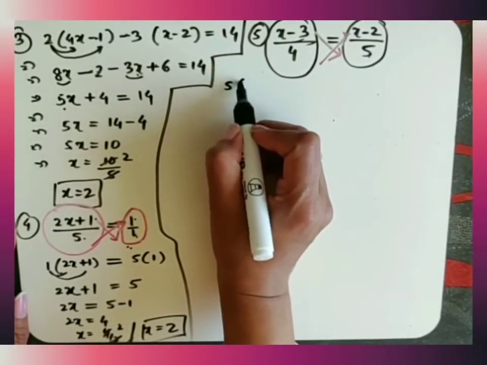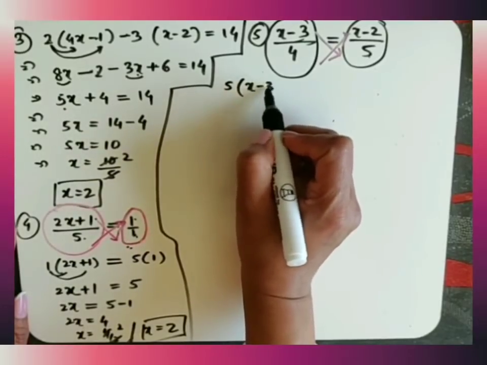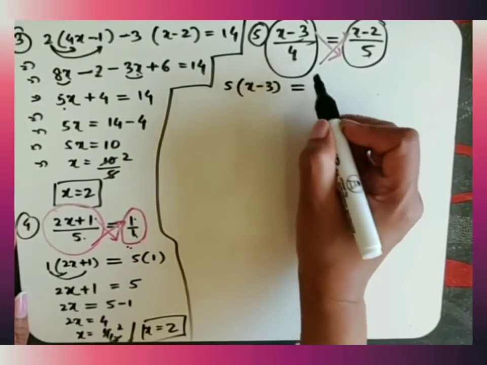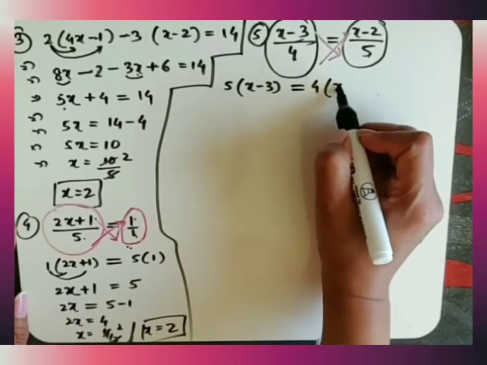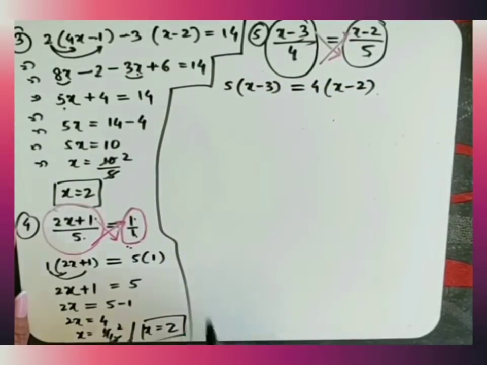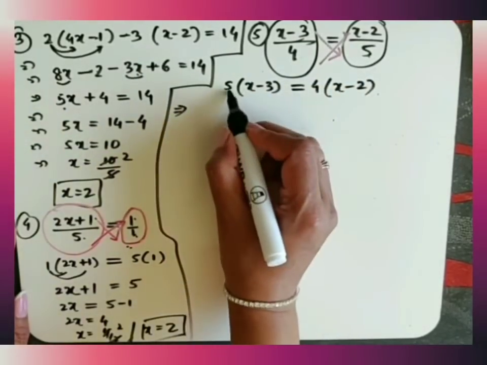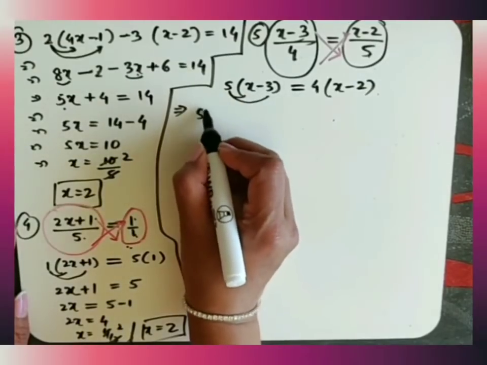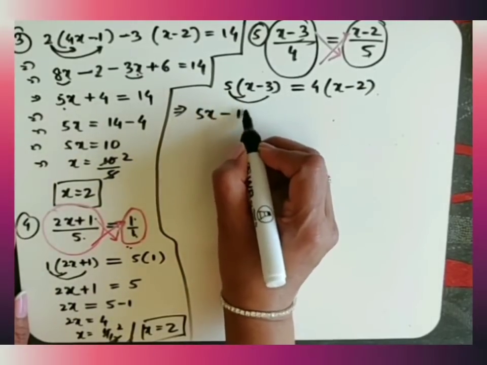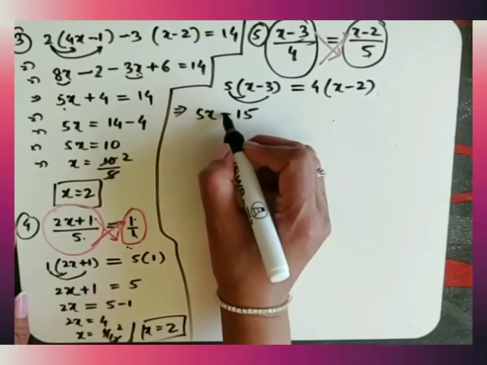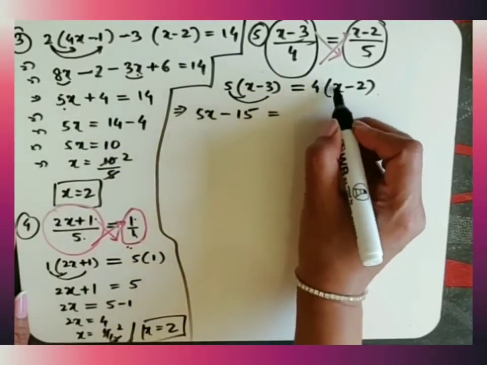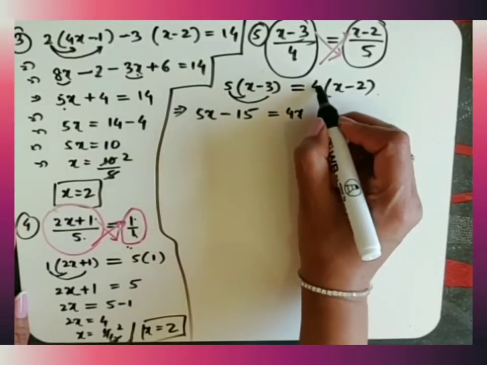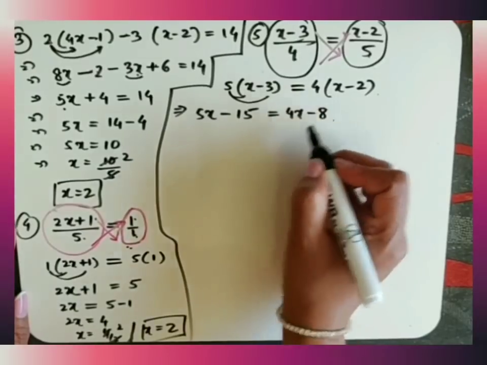Write down 5 multiply by x minus 3 equal to this 4 multiply by x minus 2. Now multiply and open the bracket. So this will be 5x minus 15, 5 multiplied by minus 3 is minus 15, equal to 4x, 4 multiplied by minus 2 is minus 8.